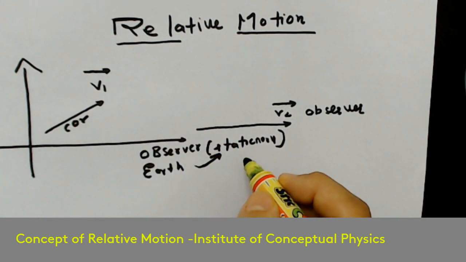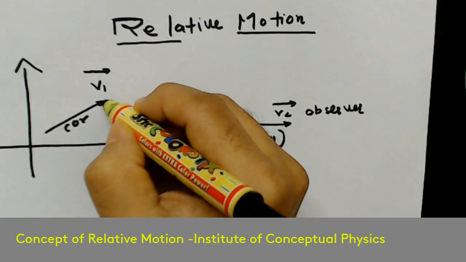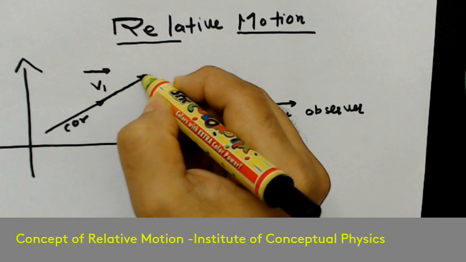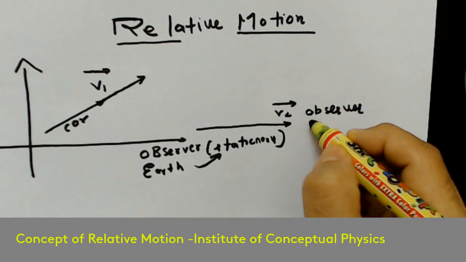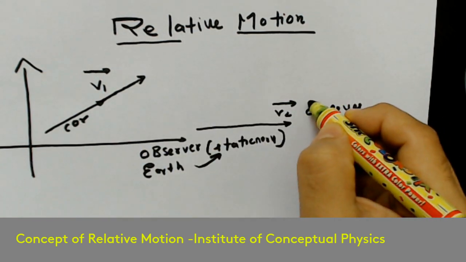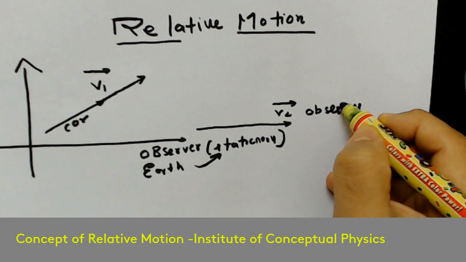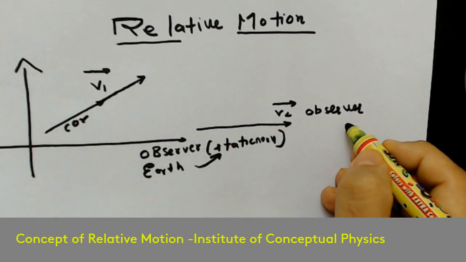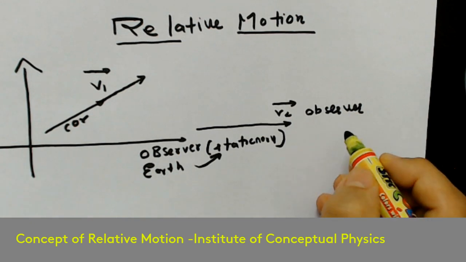will change. Earlier, the car was going in this direction when the observer was stationary. But when the observer himself starts moving on the right-hand side, the motion of the car as seen by the observer will change.